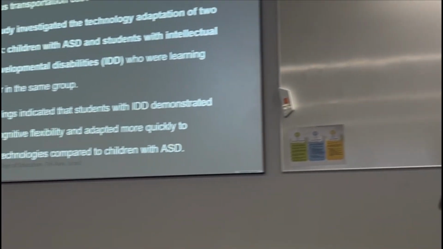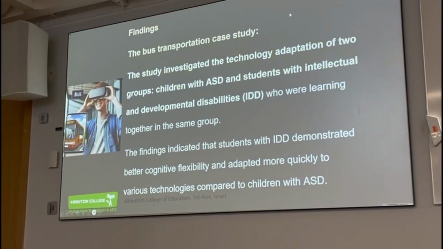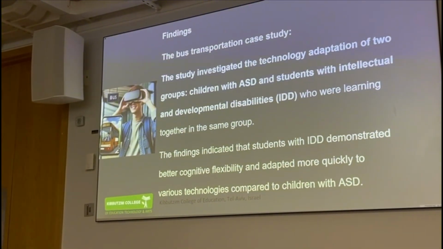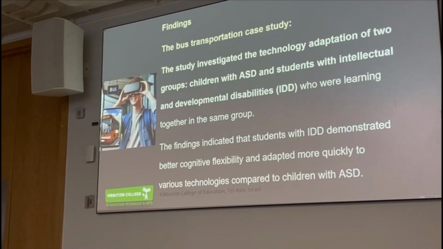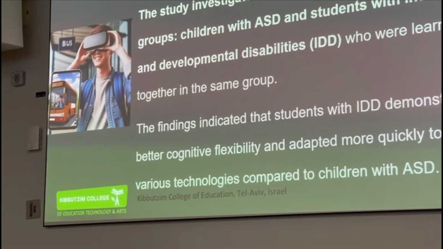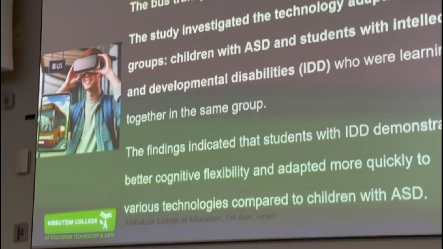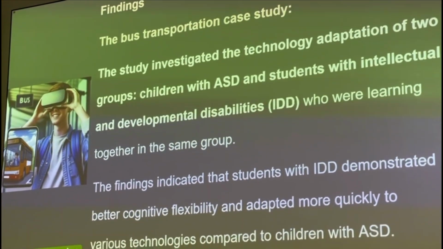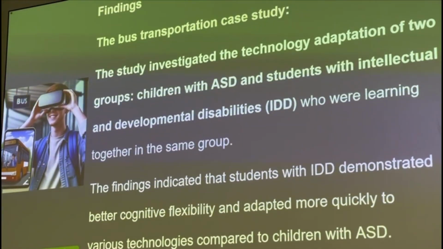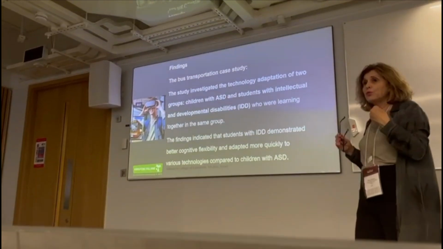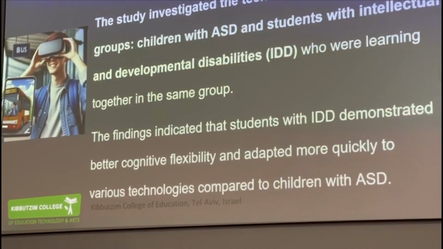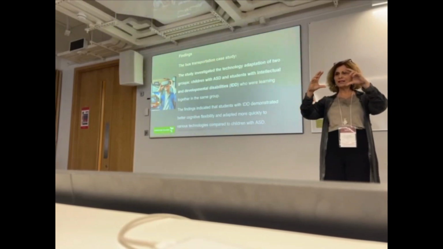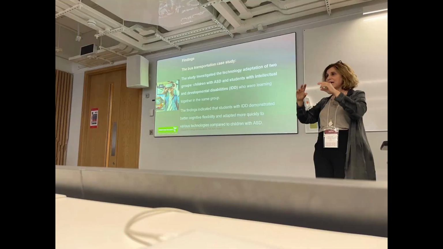So the findings, if we go to the bus transportation case, they were in this classroom, there were two groups. There were students with ASD and students with developmental disability. And what she saw in her findings, that the students with ASD were less likely to use it automatically. So they didn't hold it like this and see the movie.